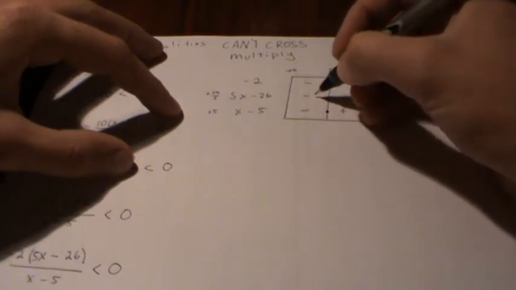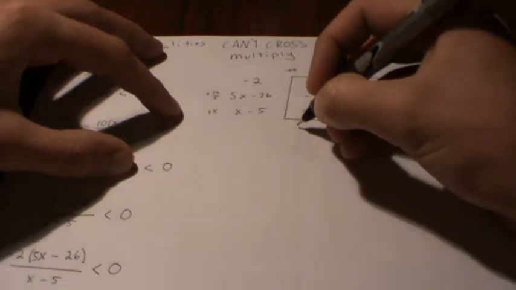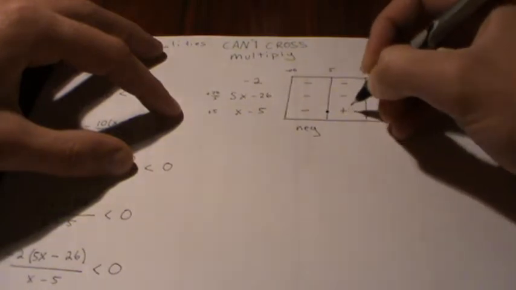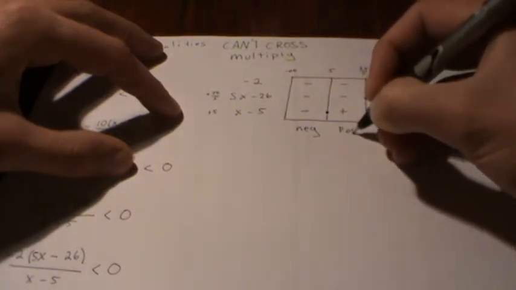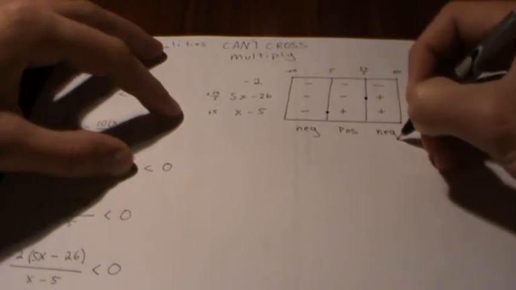Now you count up the negatives. 3 negatives multiply together to be a negative. 2 negatives and a positive are a positive. 1 negative and 2 positives is a negative.